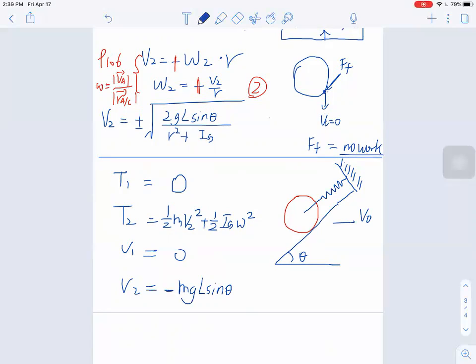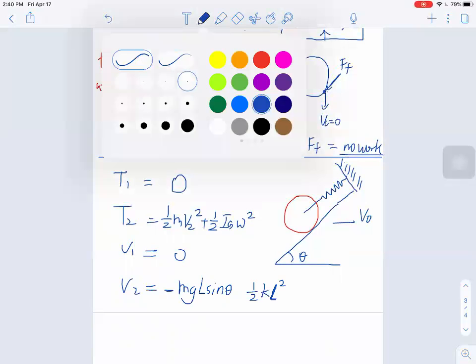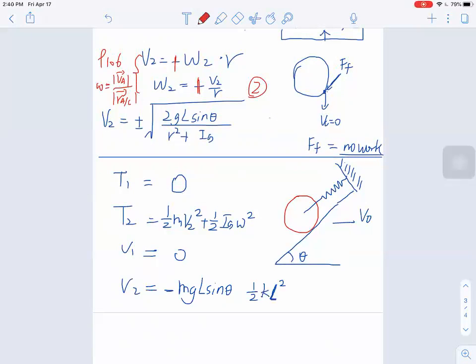The potential energy from the spring is 1/2 spring constant times L squared, where L is how much it gets stretched. And the sign here was one of the problems in your last exam: the potential energy from the spring, no matter if it is compressed or stretched, is always positive.